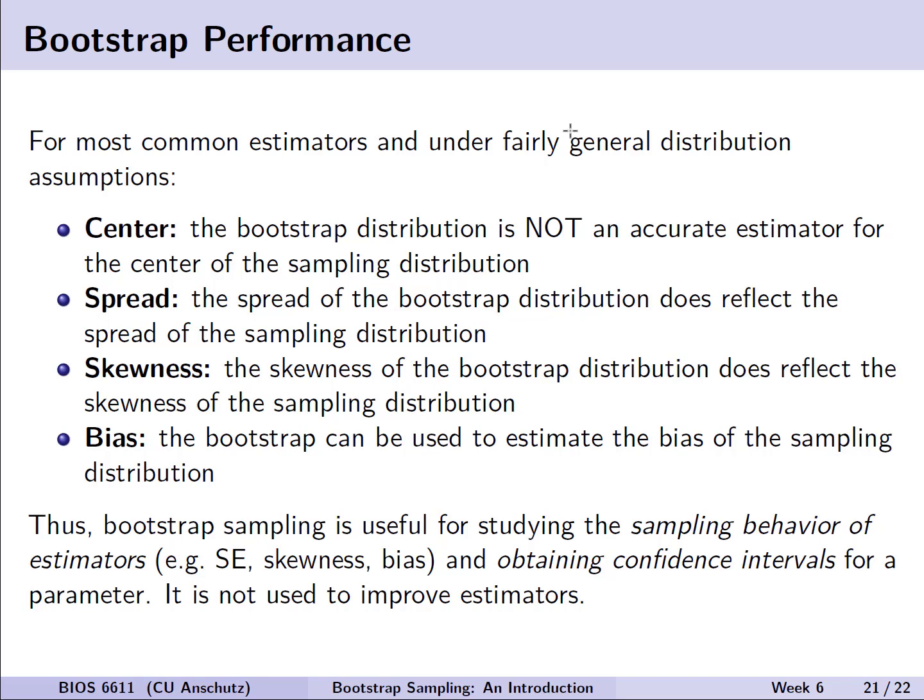So therefore, with these things in mind, we can note Bootstrap sampling is useful for studying the sampling behavior of estimators. For example, its standard error, its skewness, its bias, and for obtaining confidence intervals for a parameter. However, it is not used to improve estimators or to make us more confident in the point estimate itself.